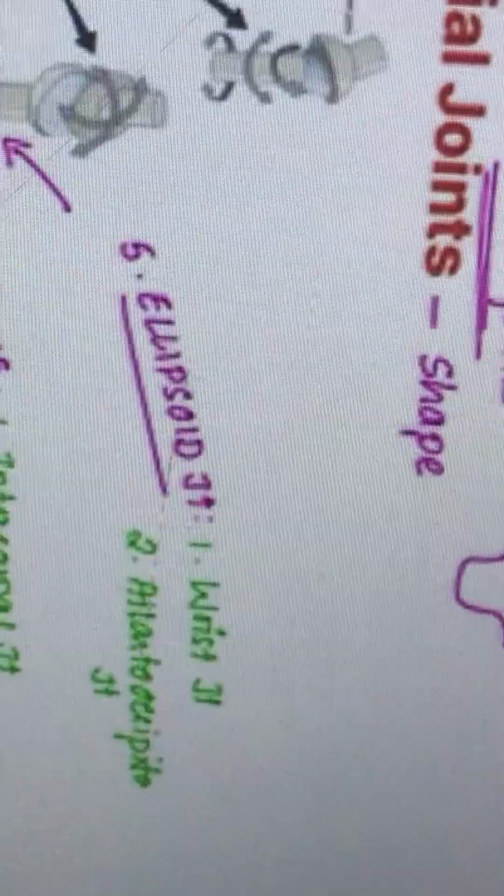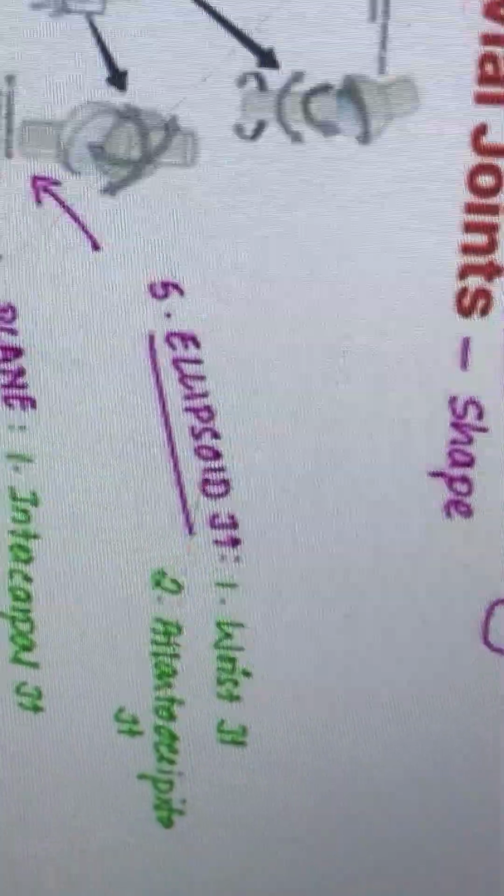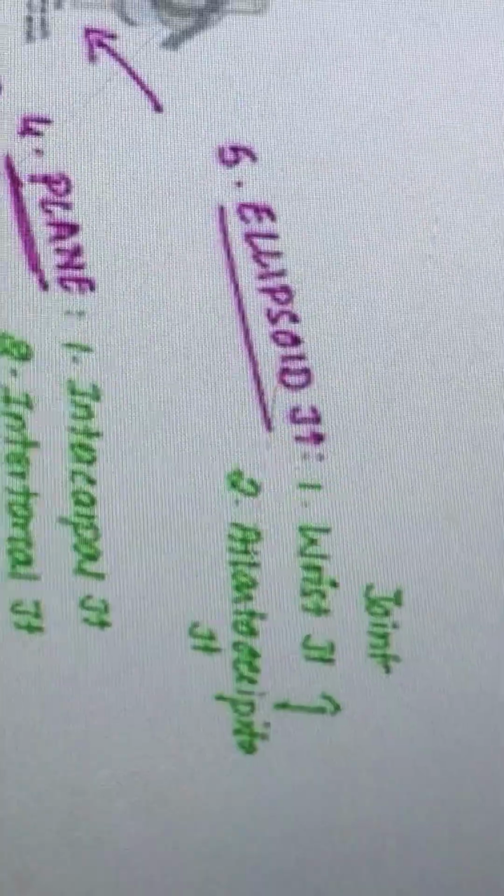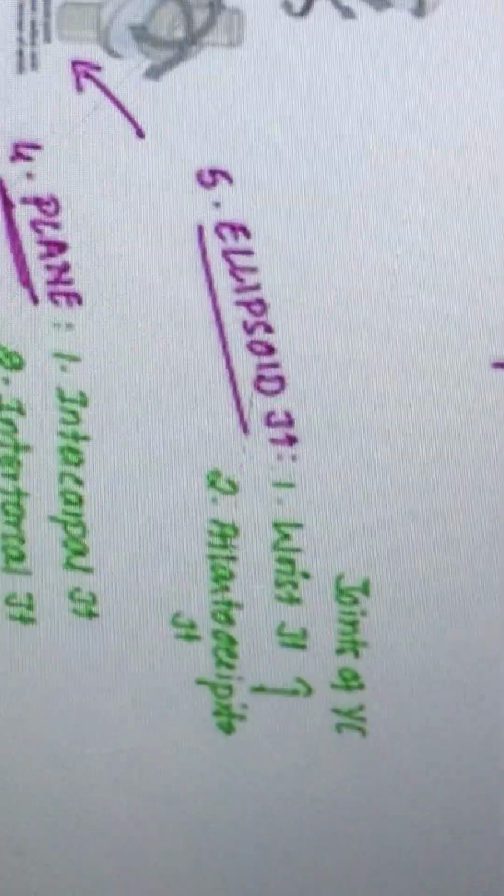Apart from wrist joint, are there any other examples for ellipsoid joint? Remember, the atlanto-occipital joint. Remember, the atlanto-occipital joint is responsible for the movement of nodding, right? So that is why these are also referred to as the joint of yes.